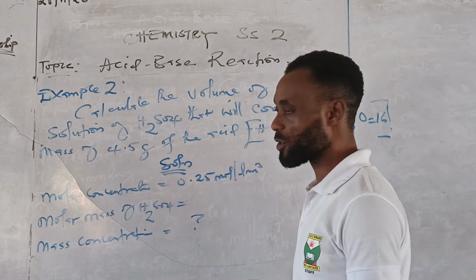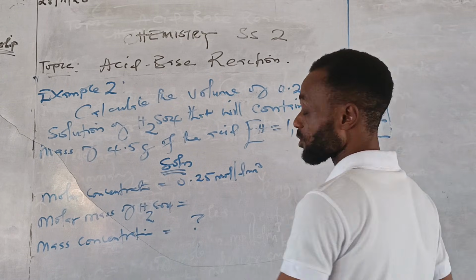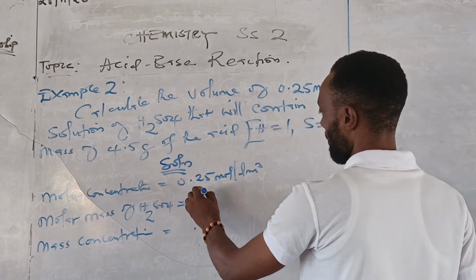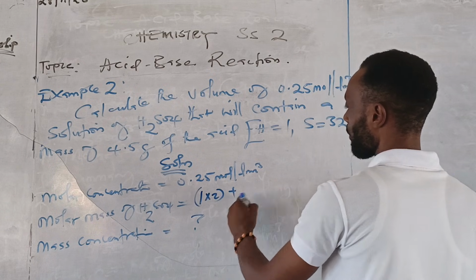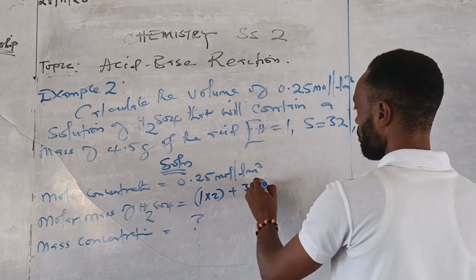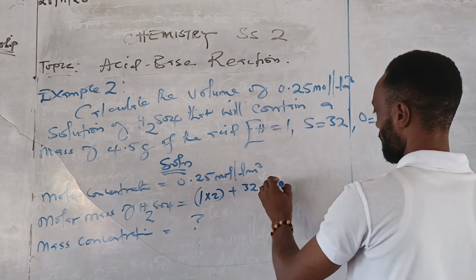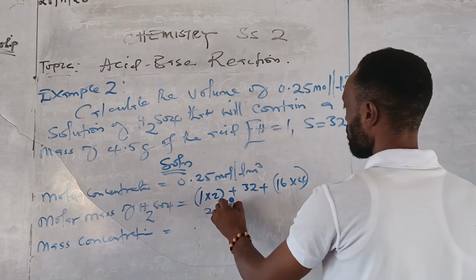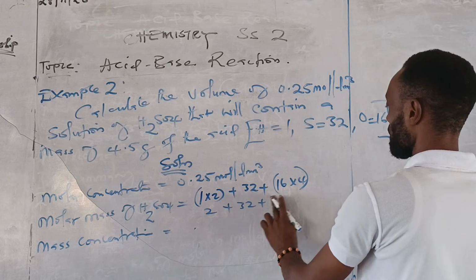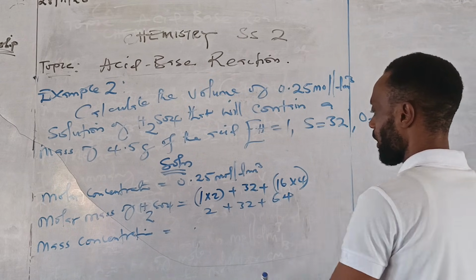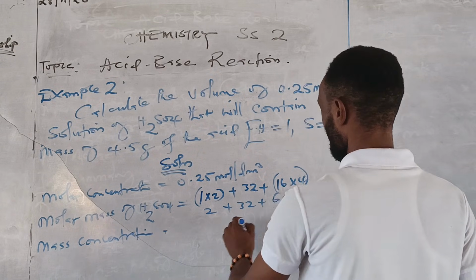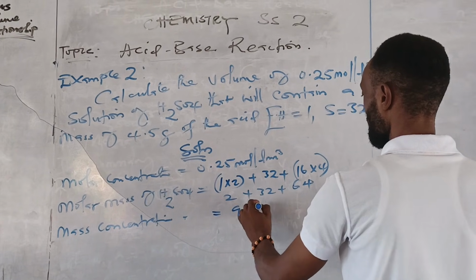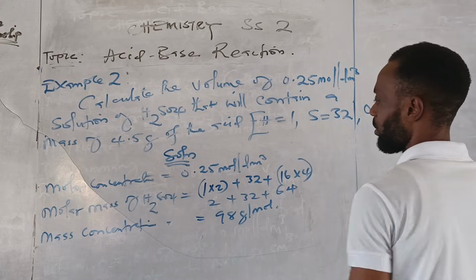The molar mass of H2SO4, also known as the RAM, can be determined as 1 times 2 plus 32 plus 16 times 4. This gives 2 plus 32 plus 64. When you sum this up, it gives us 98 gram per mole.